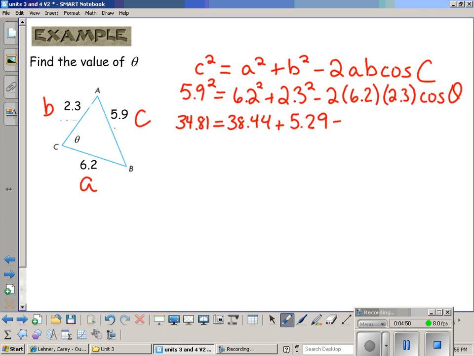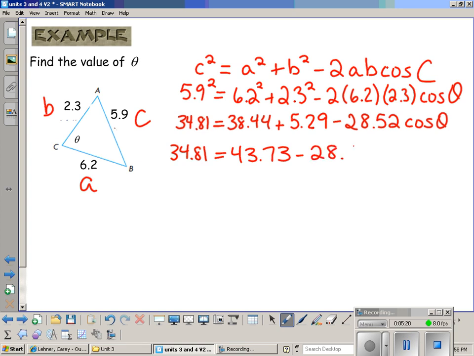So if that was a variable x, we would simply multiply 2 times 6.2 times 2.3, and we'd get 28.52 cos theta. So it's just like a variable. We can add our 38.44 and our 5.29 together. So we'll have 34.81 equals 43.73.